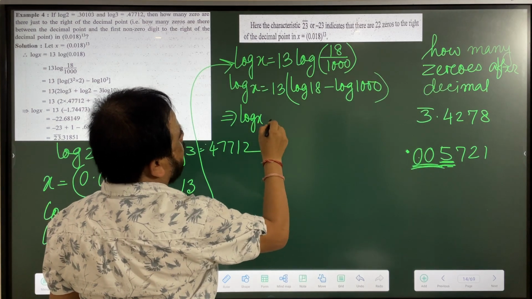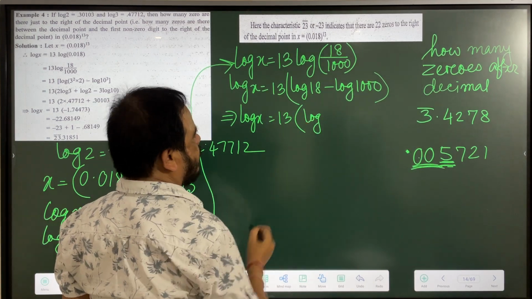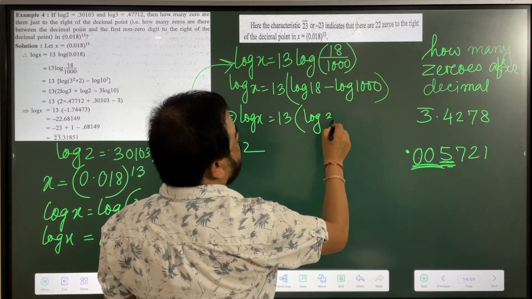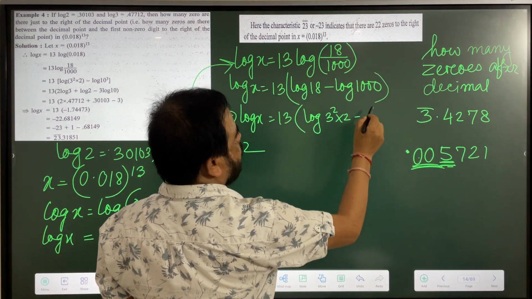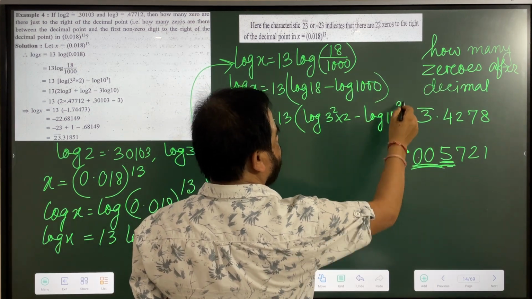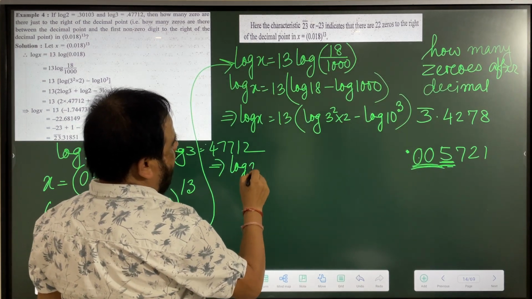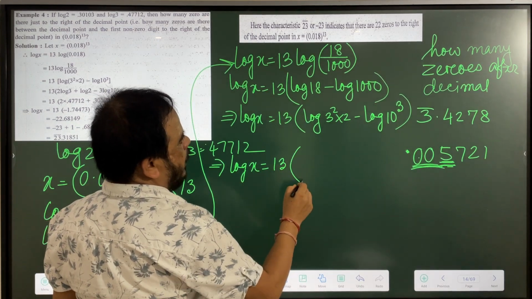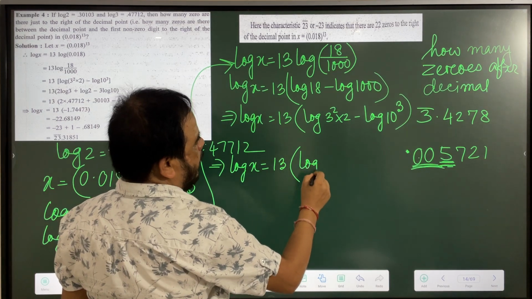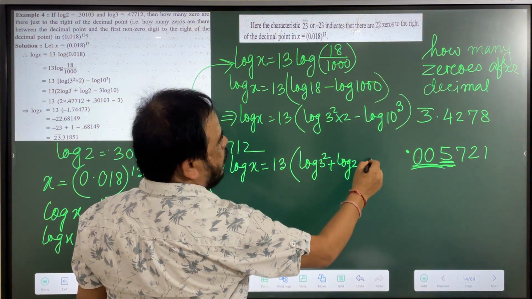Log x is equal to 13 times log 18, which we can write as log of 3 square into 2, minus log 1000, which you can write as log 10 cube. So log x is equal to 13 times 2 log 3 plus log 2, minus 3 log 10.